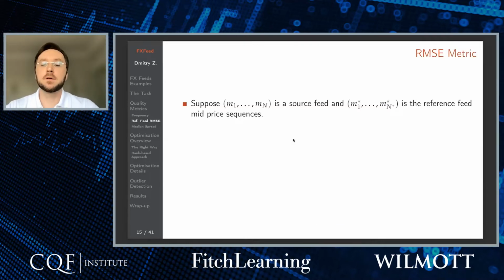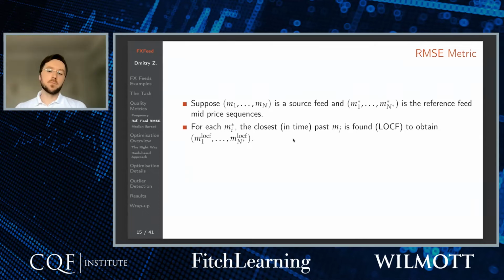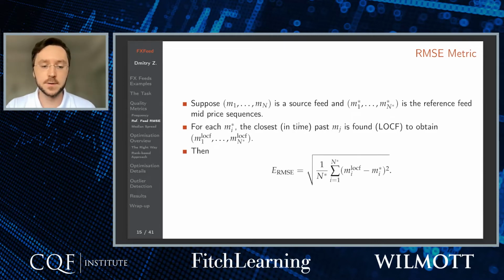So speaking of the metric, to compare each source feed with the reference feed, we did the following. We take the reference feed, and for each mid-price value, we find a corresponding mid-price for a particular source. This is a technique called last observation carried forward. I'm sure you've probably heard the term.